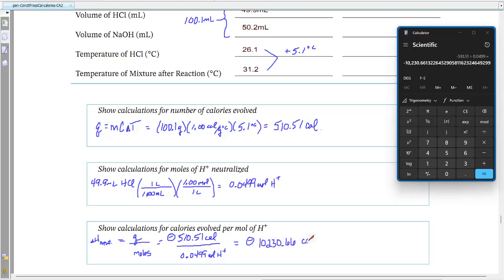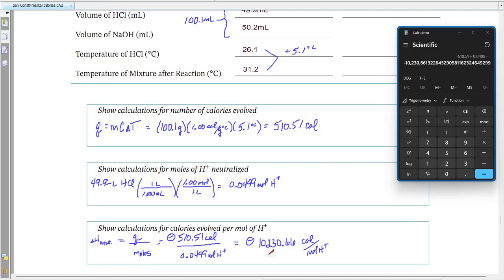My units here, calories per mole of hydrogen. Okay, now this is the number you would round to significant figures, right? So my volumes up here had 3 significant figures. I'd round this to 3 significant figures, negative 10.2 kilocalories per mole.